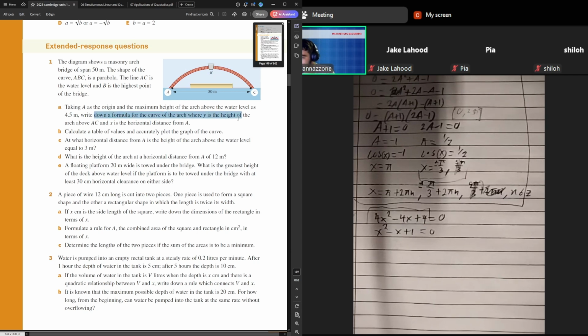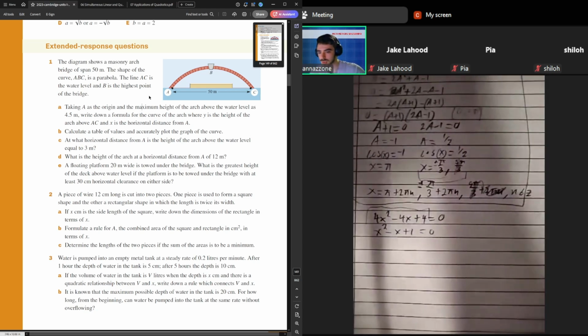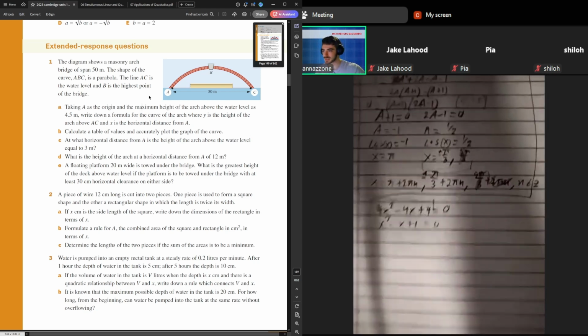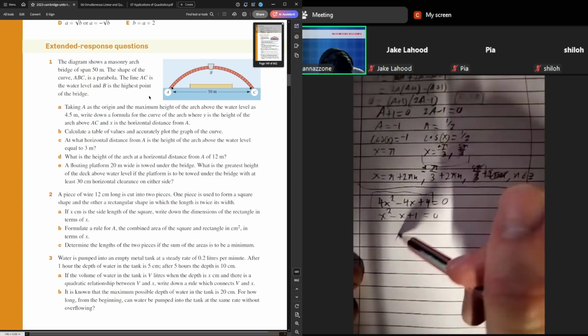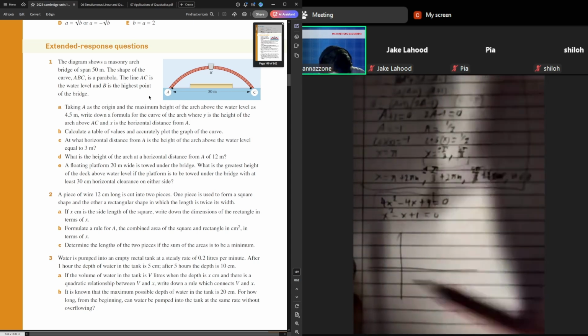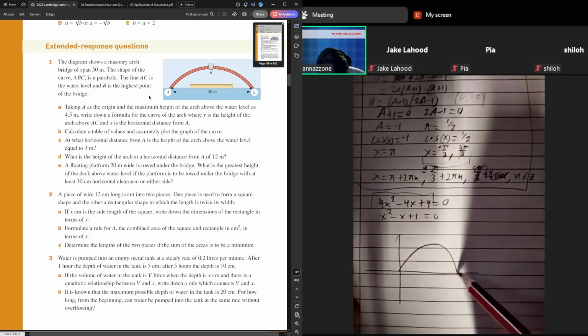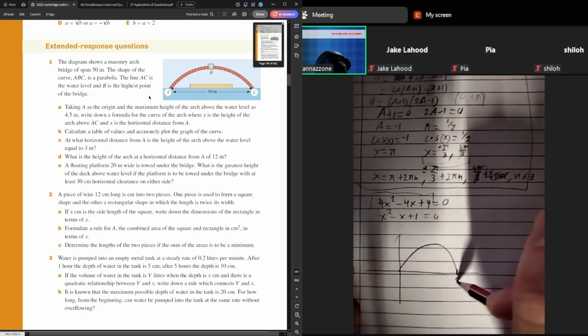Write down the formula for the curve, where y is the height and x is the horizontal distance from A. A good point of order would be to just start drawing this yourself on your own axes. It does say that A is the origin. So if we go to the handwritten section, it's going to look something like this.